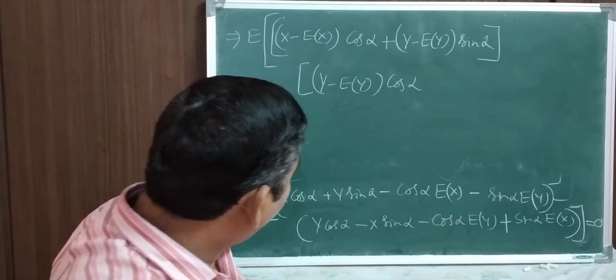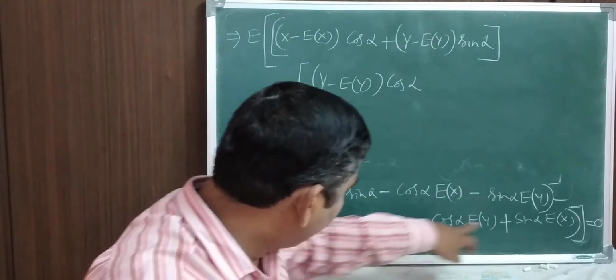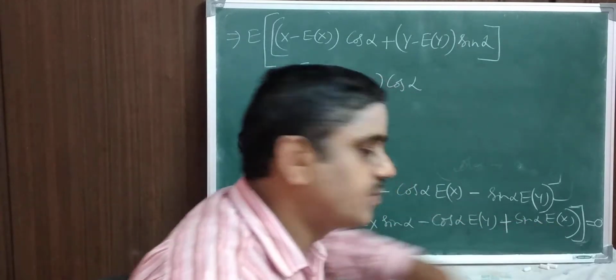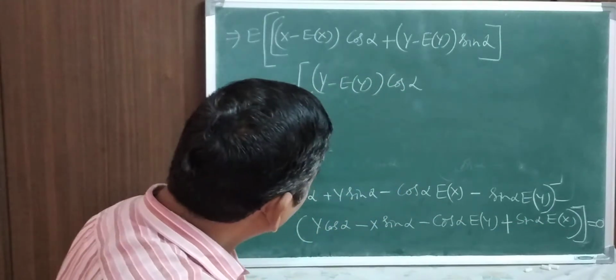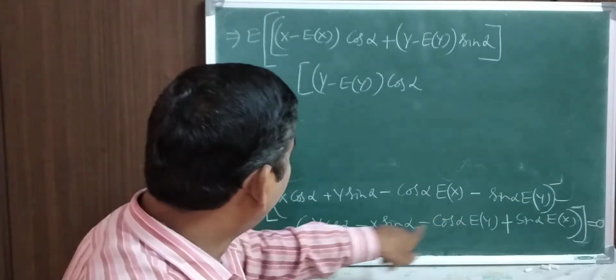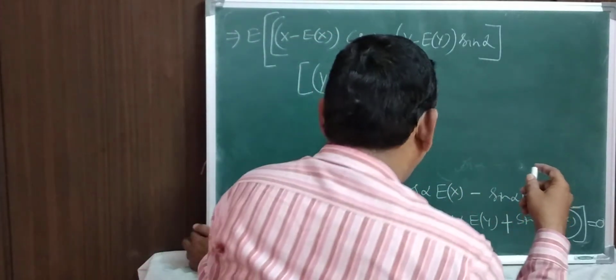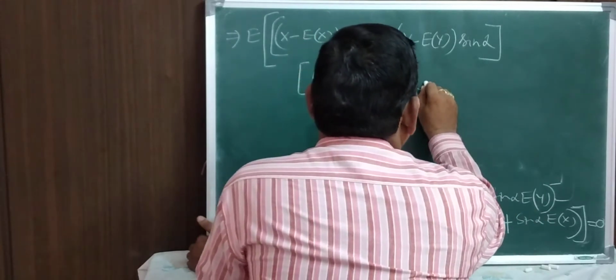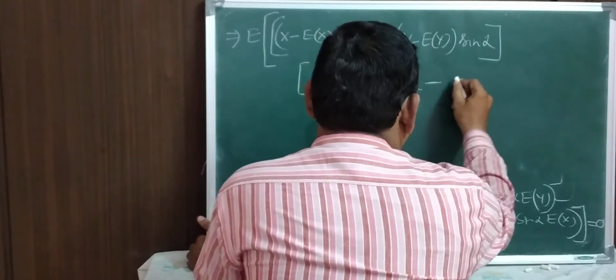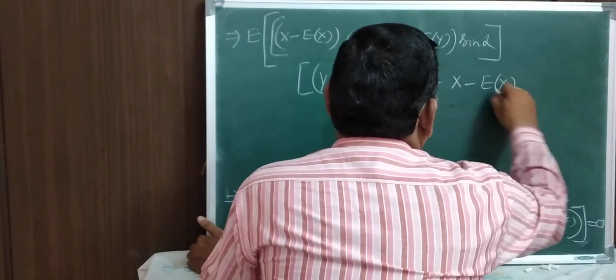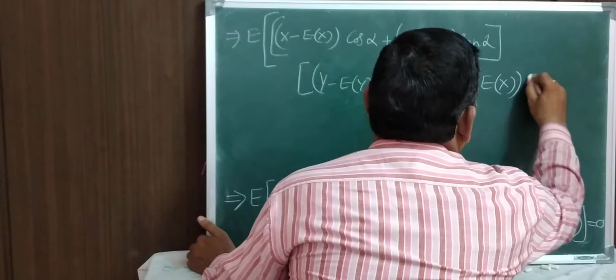Then minus x sin alpha plus sin alpha into expectation of x. I should take the minus common, then x minus expectation of x will be here, multiplied by sin alpha.